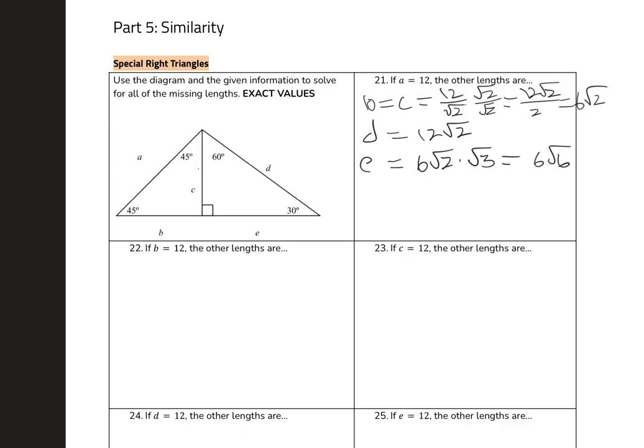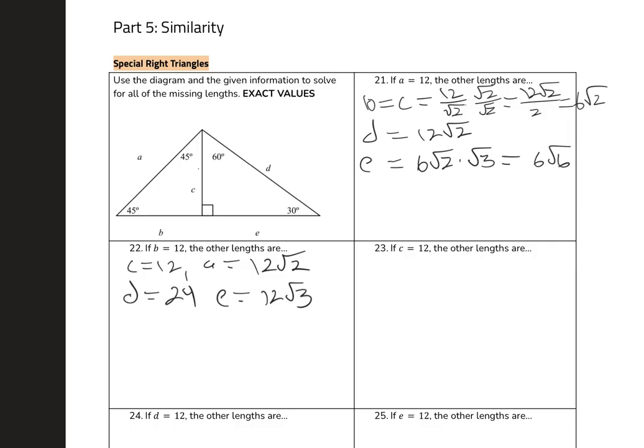Those are exact values. If B is equal to 12, well, that means that C is equal to 12, A is just equal to 12 root 2, D then would be equal to double 12 or 24, and E would be equal to C times root 3 or 12 root 3.